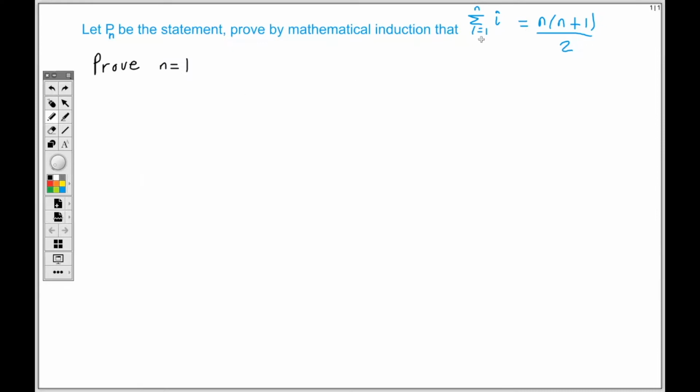So substituting n to be 1, I will have 1 is equal to 1(1+1)/2.